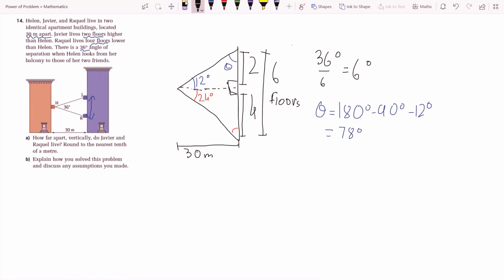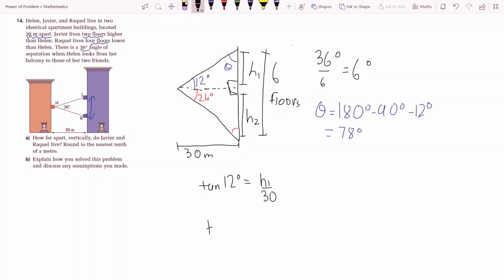Now that's really helpful because we have the 90 degrees, so we can just say that tan 12 degrees is equal to opposite over adjacent. So the opposite would be the height, let's call it height 1, and then the adjacent would be the 30 meters.